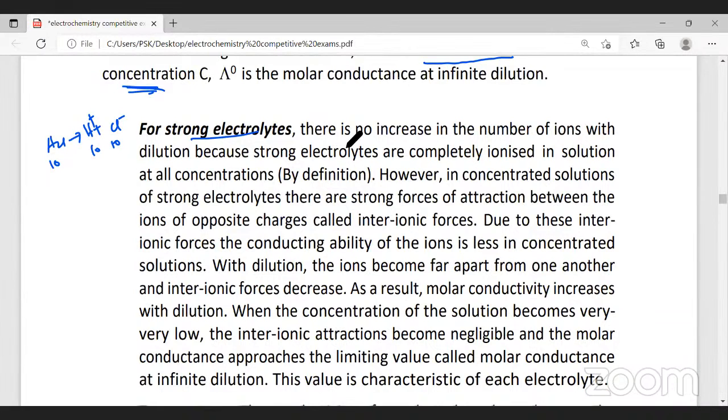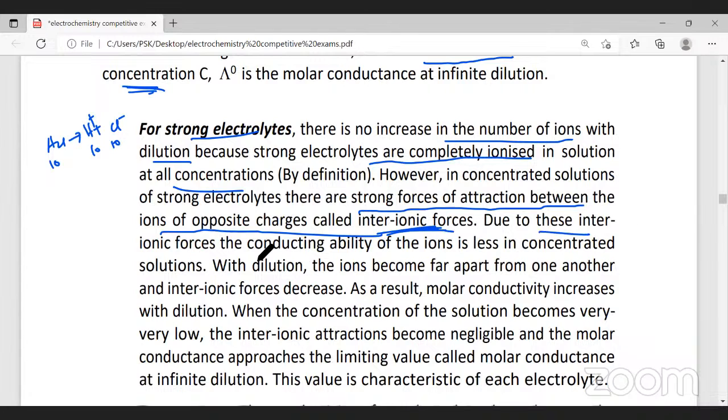There is no increase in the number of ions when you dilute, because strong electrolytes are completely ionized in solution at all concentrations. So strong electrolytes undergo complete dissociation even at minimum dilution. However, in a concentrated solution of a strong electrolyte, there is a strong force of attraction between ions of opposite charge, called interionic forces.